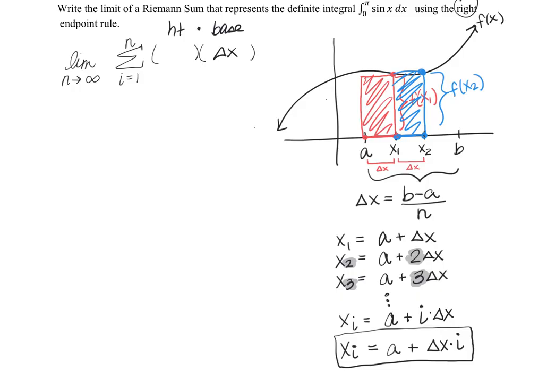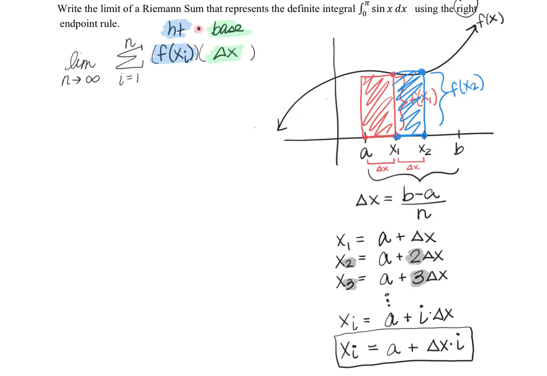So going back to my limit, that's why when we put the height of the rectangle into the limit of our Riemann sum, we write that as f of x sub i. So f of x sub i represents the height of each of my rectangles, and delta x represents the base of each of my rectangles.